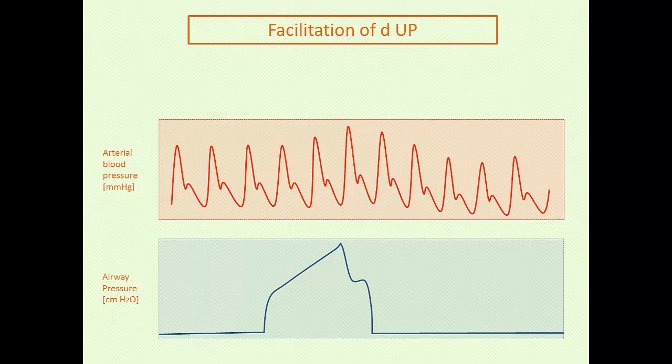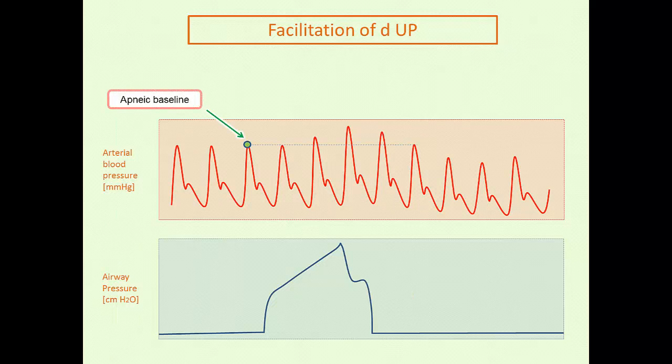In this slide we'll talk about the facilitation of D up. What are some situations where you might have an inappropriately facilitated D up? That is, you see a D up which will increase your pulse pressure variation or your systolic pressure variation, and the patient is not actually truly volume responsive.